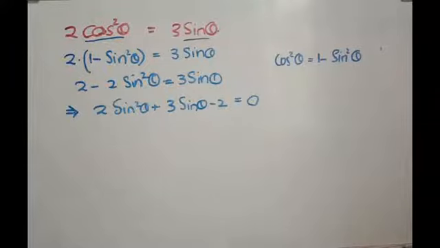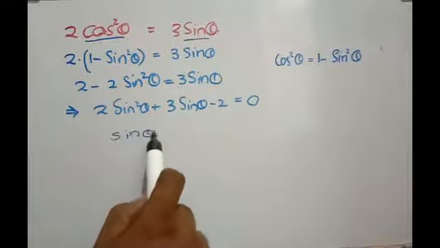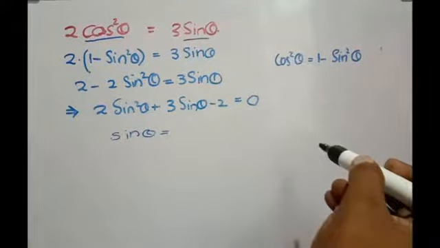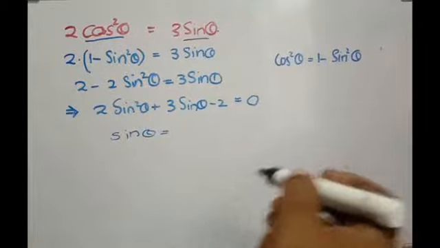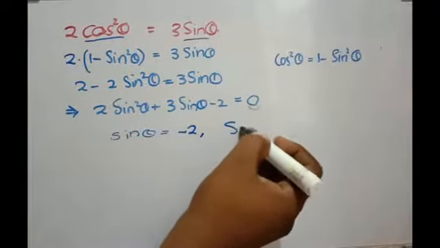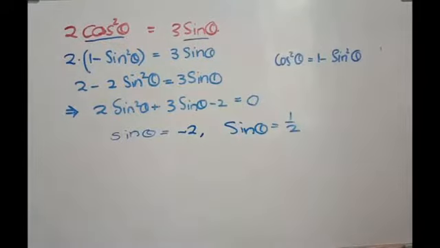When you solve this equation, we get two values for sine theta: minus 2 and 1 over 2.